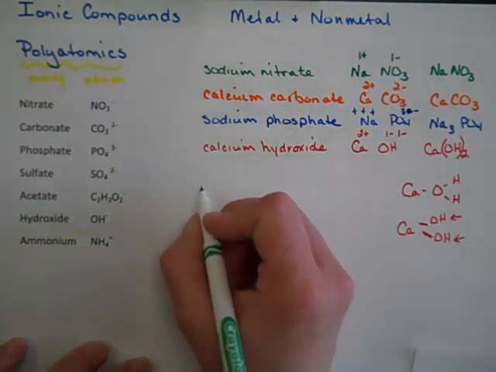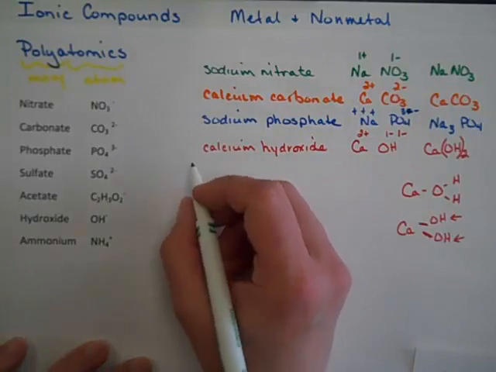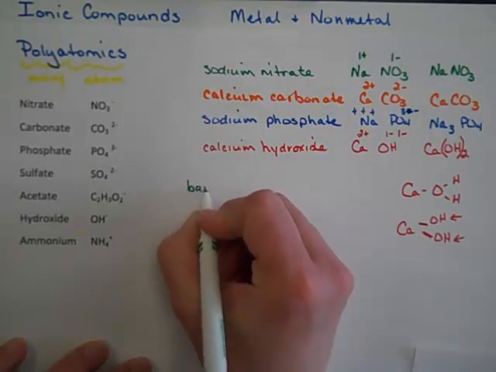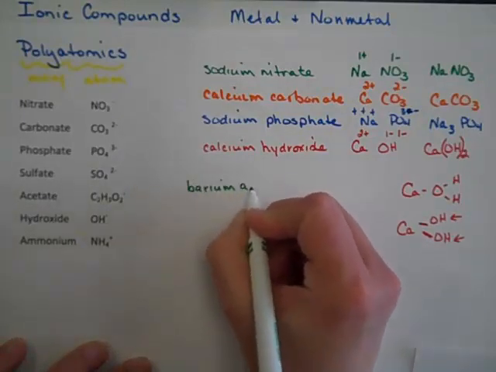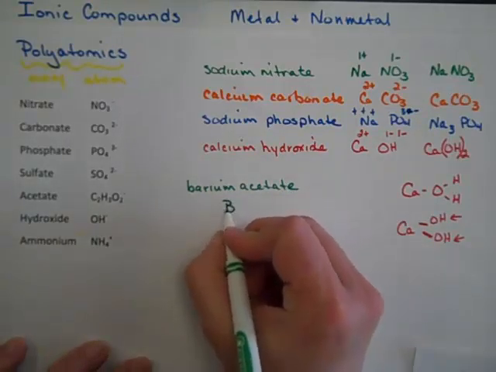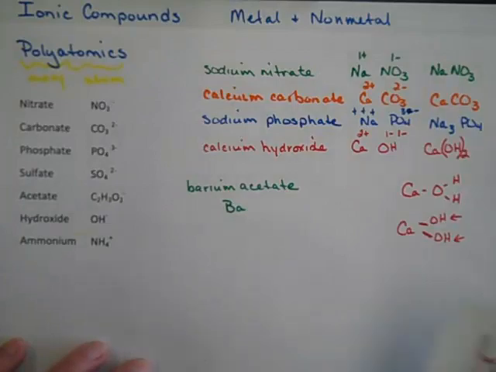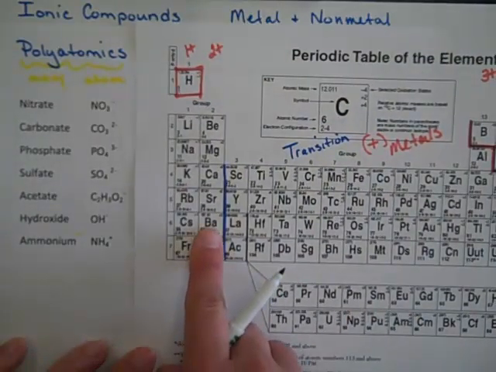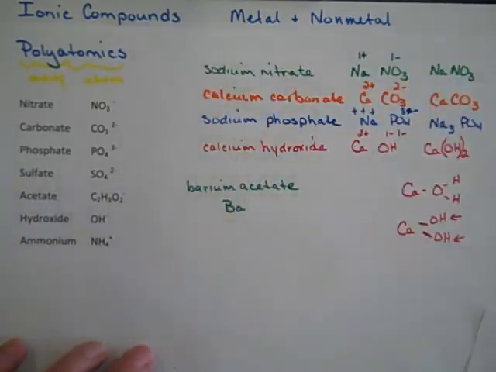So if we were to do, let's do barium acetate. If we look at barium on our periodic table, barium has a 2 positive charge.